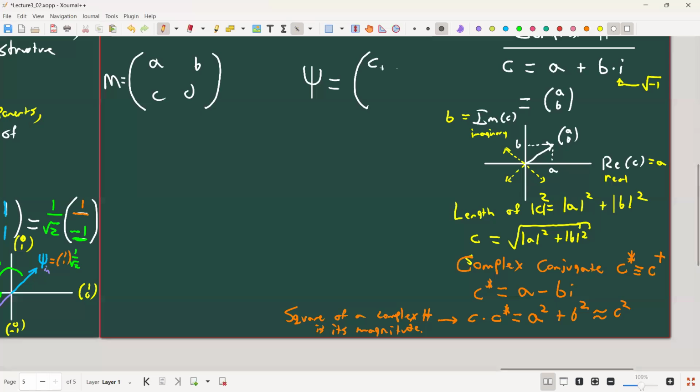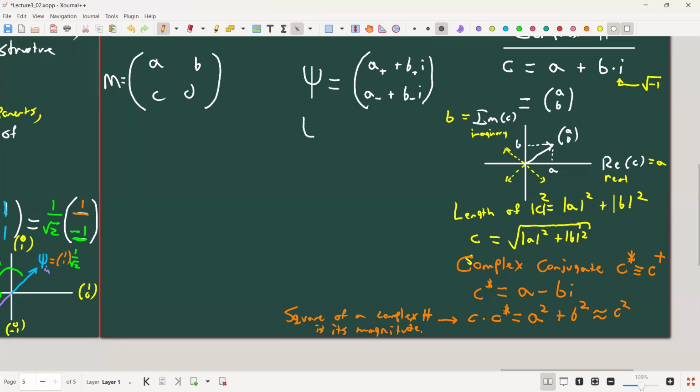So we could write these instead as a plus b plus I. That's the component on the first one. And a minus plus b minus I. That's our vector that has complex numbers.